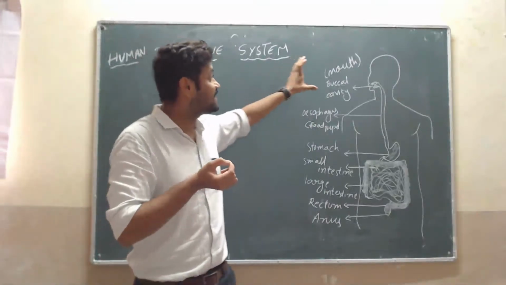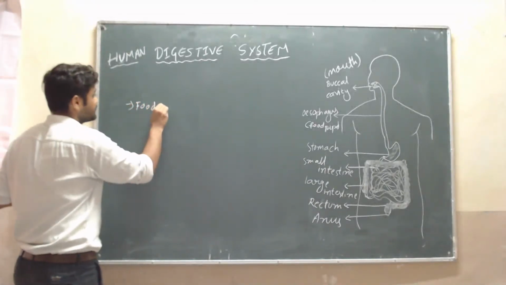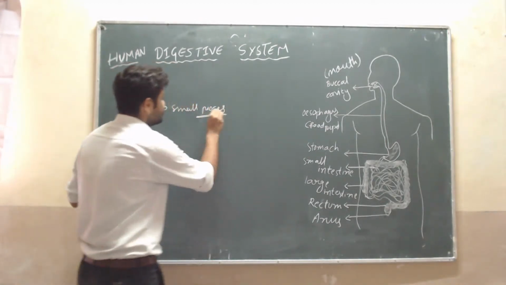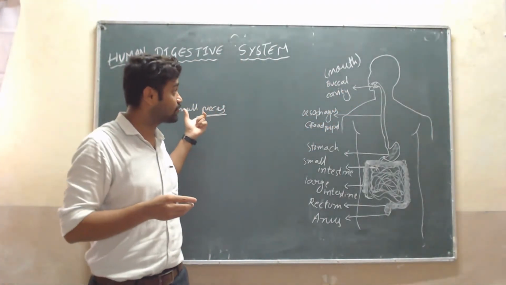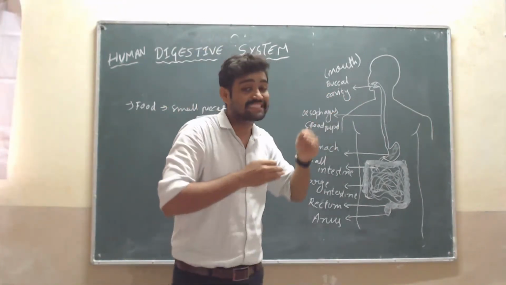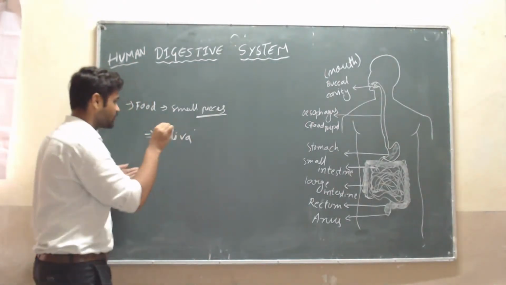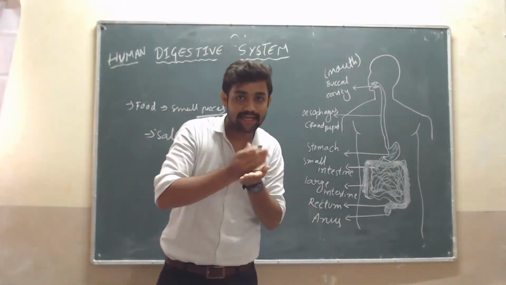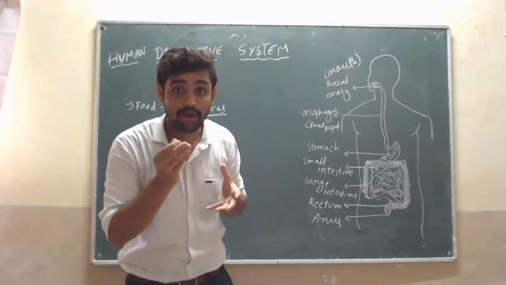Then that food in small pieces mixes with saliva. Every food is divided a little bit, and that food mixes with saliva with the help of the tongue.